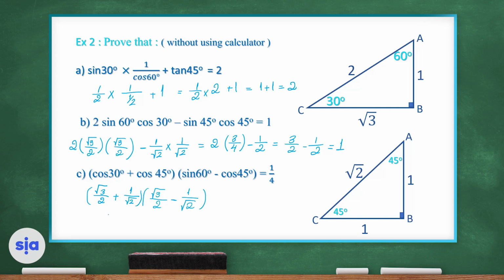Difference of two squares. So if you simplify this more, it will be 3 over 4 minus 1 over 2. Then the right answer is 1 over 4. So here you prove that the left-hand side is equal to the right-hand side.